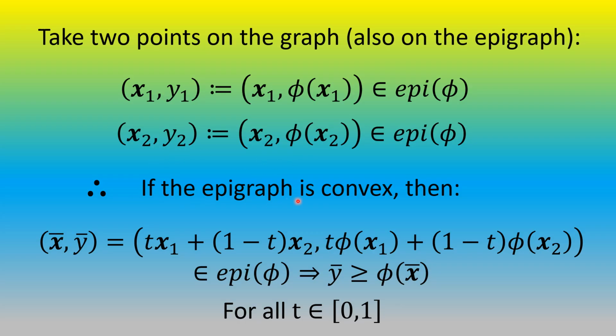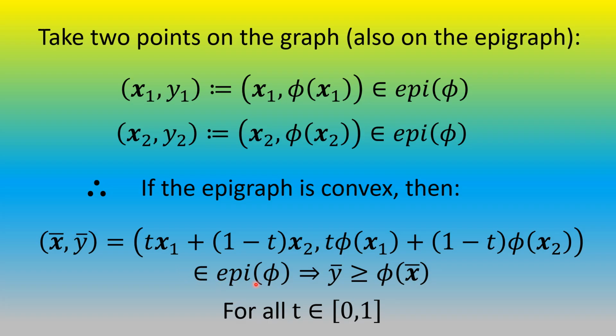Therefore, if the epigraph is convex, then if x bar comma y bar is the line segment connecting them, x bar is a point on the line segment connecting x1 and x2, and y bar is a point on the line segment connecting phi of x1 and phi of x2. So t controls which point it actually is, and that's just the line segment.